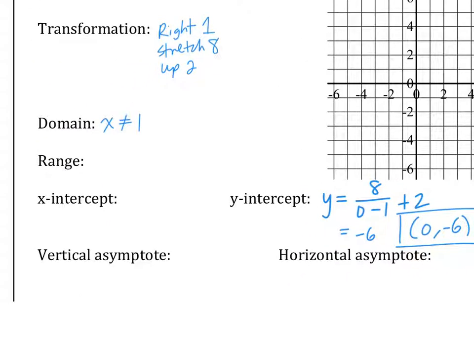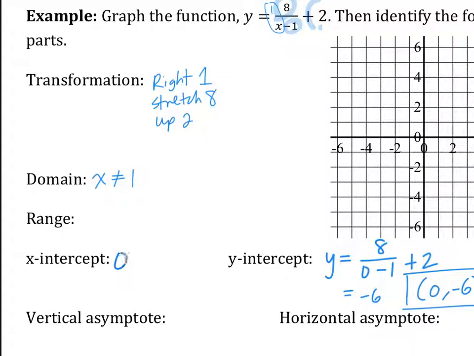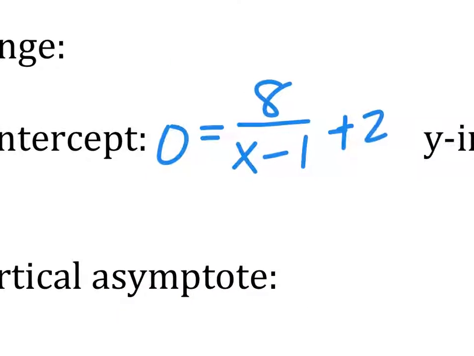Okay, x-intercept. X-intercept is when y is 0. Okay, so we're going to make y 0. So 0 equals 8 over x minus 1, plus 2. This one looks a little bit harder to solve, but it is not impossible. What should we do first to solve this? This side of the room answers a lot. What should we do first?